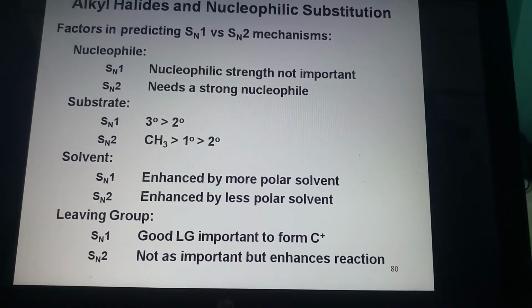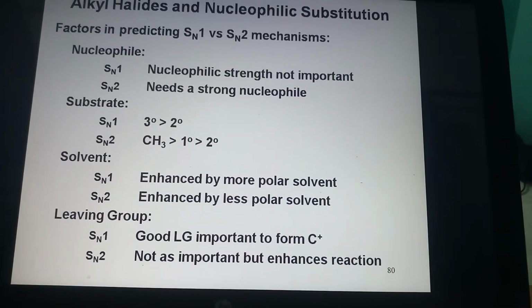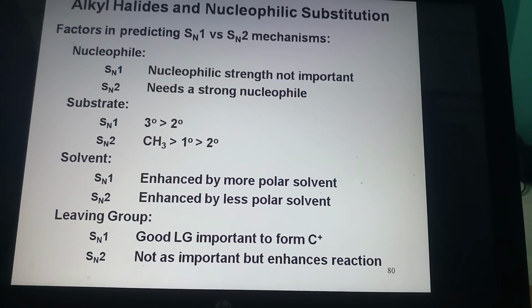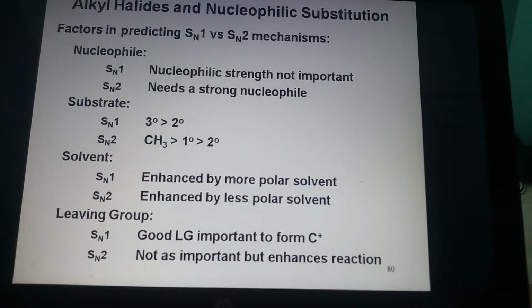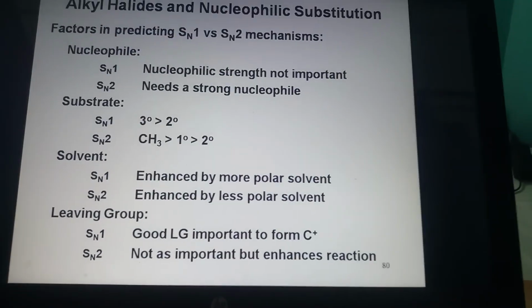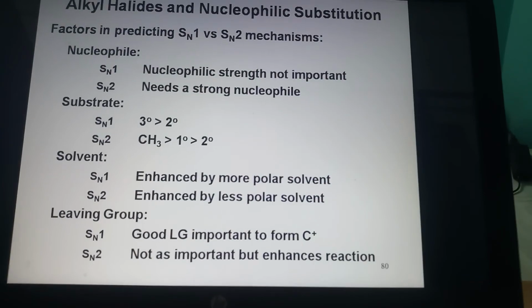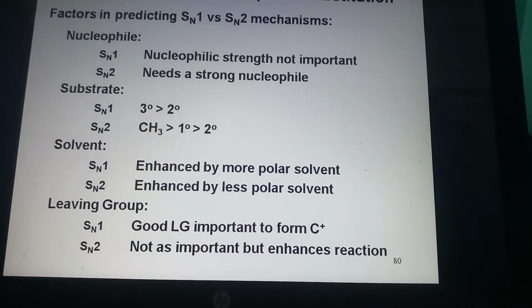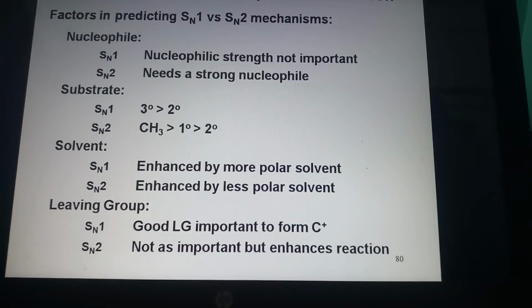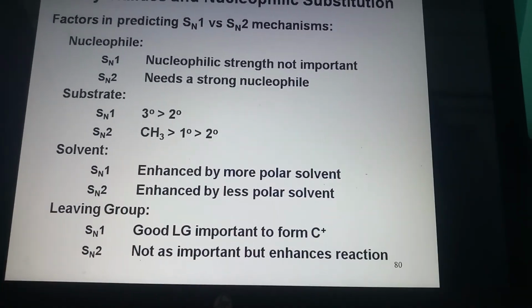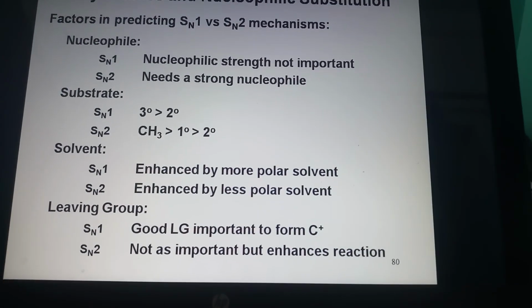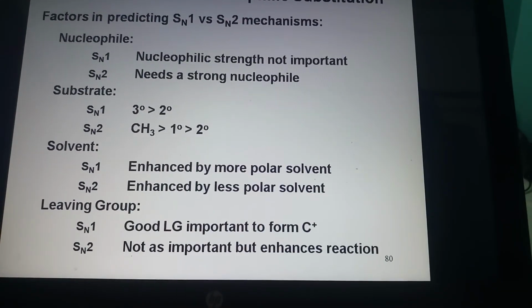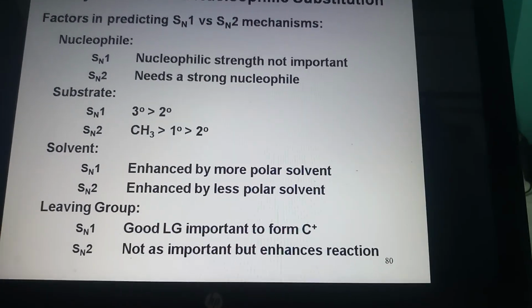In case of SN2, methyl is greater than primary, greater than secondary. If we consider solvent, SN1 is enhanced by more polar solvent and SN2 is enhanced by less polar solvent. If we consider leaving group, a good leaving group is important to form the carbocation in case of SN1, and in case of SN2 it is not as important but enhances the reaction.